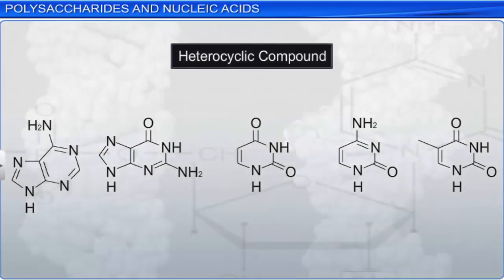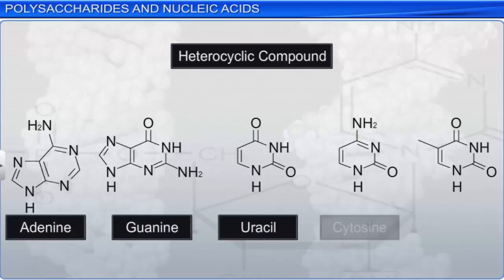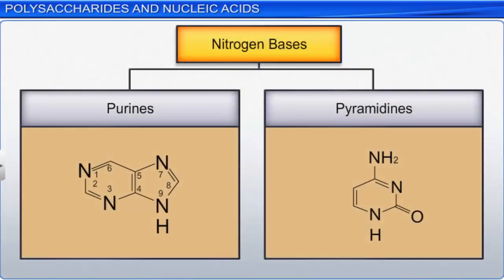The skeletal heterocyclic ring compounds are actually nitrogenous bases such as adenine, guanine, uracil, cytosine, and thymine. There are two types of nitrogen-containing bases, namely purines and pyrimidines.